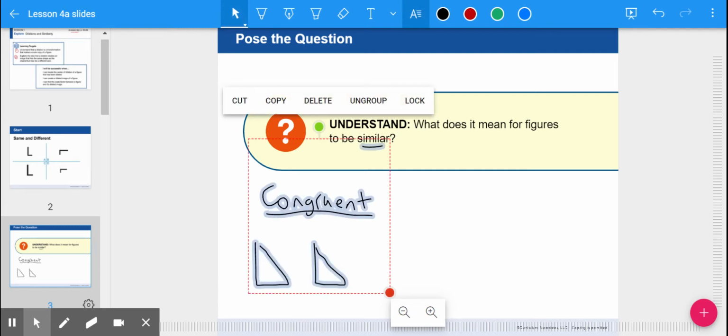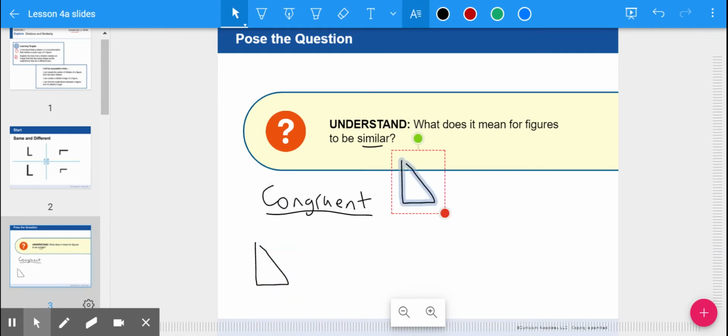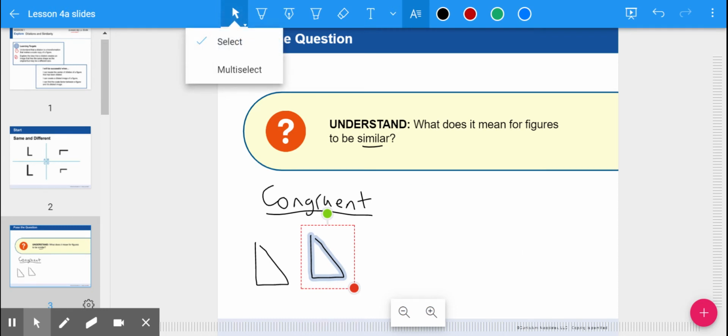I got an idea here. Watch this. Boom, copied, same image. It's congruent because it's the same.